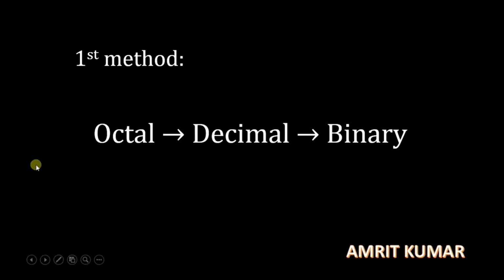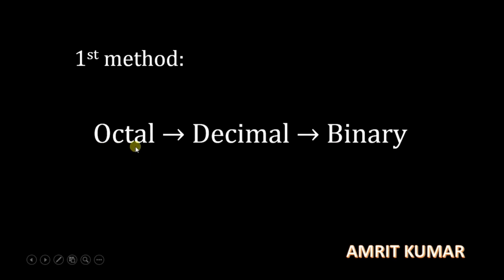We learned how to convert an octal number into a decimal number in the previous video. After that you can easily convert a decimal number into a binary number, which we have also described in the section on converting a decimal number into a binary number. So you can use this method.